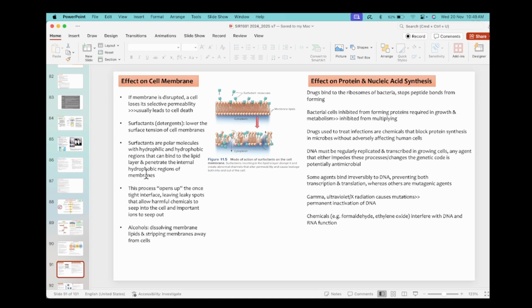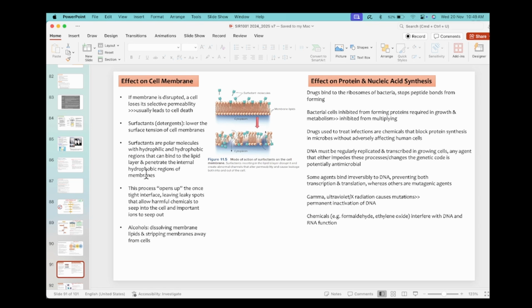So you know that the cell membrane has a hydrophobic layer in between. This is to control, to regulate what goes in and what goes out of the cell. So surfactants are polar molecules that disrupt this process.